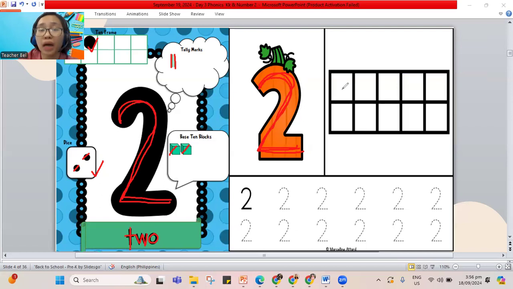And how about I put number two in all our frames here? We have 1, 2, 3, 4, 5, 6, 7, 8, 9, and 10. So I drew 10 number 2s in our ten frame.